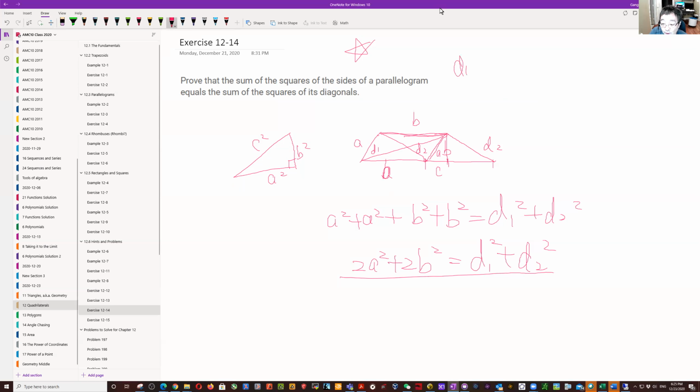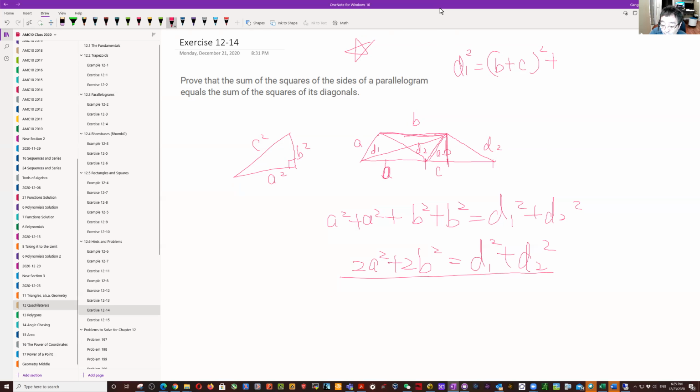So the D1 square is actually equal to B plus C, so the height dropped to here. So this is B plus C squared, plus, basically, the height squared.